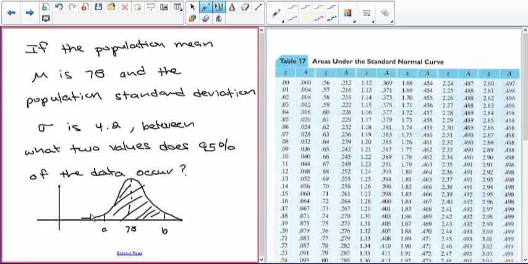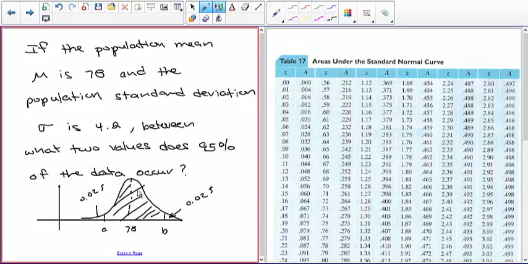If the total area under the curve is 1, or 100%, then the area under this tail is 0.025, and the area under this tail is 0.025, because added together you get 0.05, which added to 95 gives you 100.